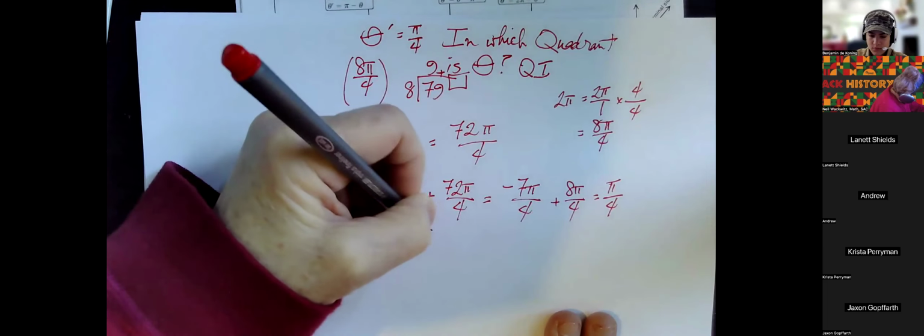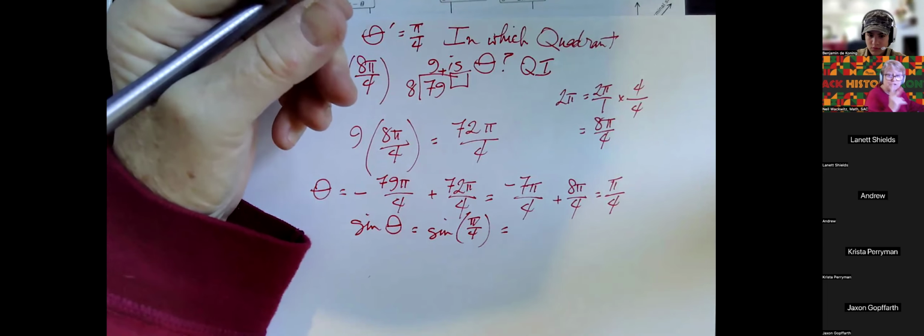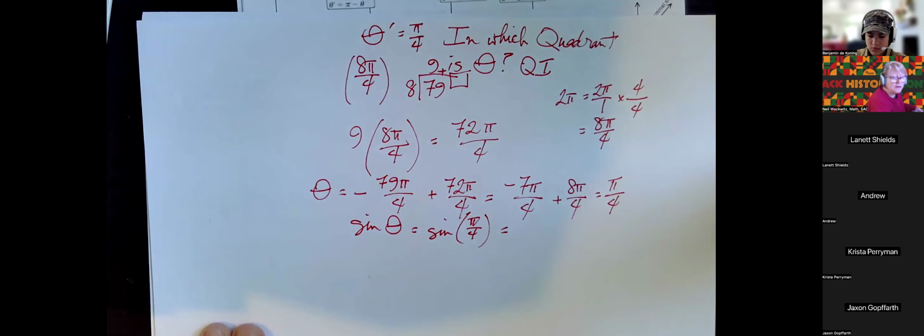So the sine of theta is the same as the sine of pi over 4. And what is the sine of pi over 4? What are the two ways that I want you to think of the sine and the cosine of pi over 4? It's the only one that has two ways.